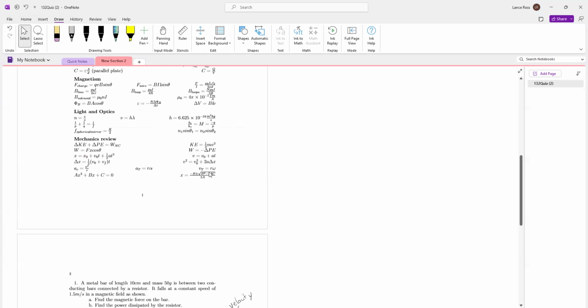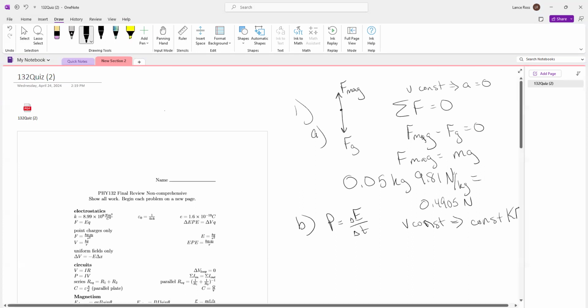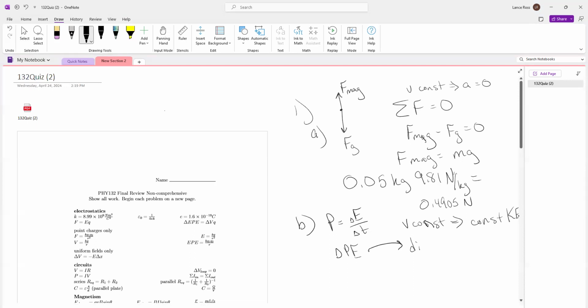Okay, if we want to find the power, we know that power is energy per time. Where's the energy coming from in this case? Well, constant velocity means constant kinetic energy. So there's no change in kinetic energy, but we do have a change in potential energy. So that change in potential energy is going to be dissipated by the resistor.